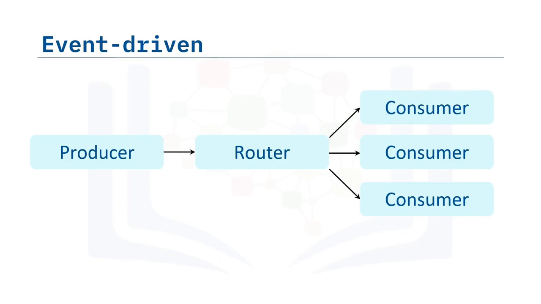The router determines which consumer to push the event to. The triggering event generates a message called an event notification to the consumer which is listening for the event. The components in event-driven architectures are loosely coupled, making the pattern appropriate for use with modern distributed systems.